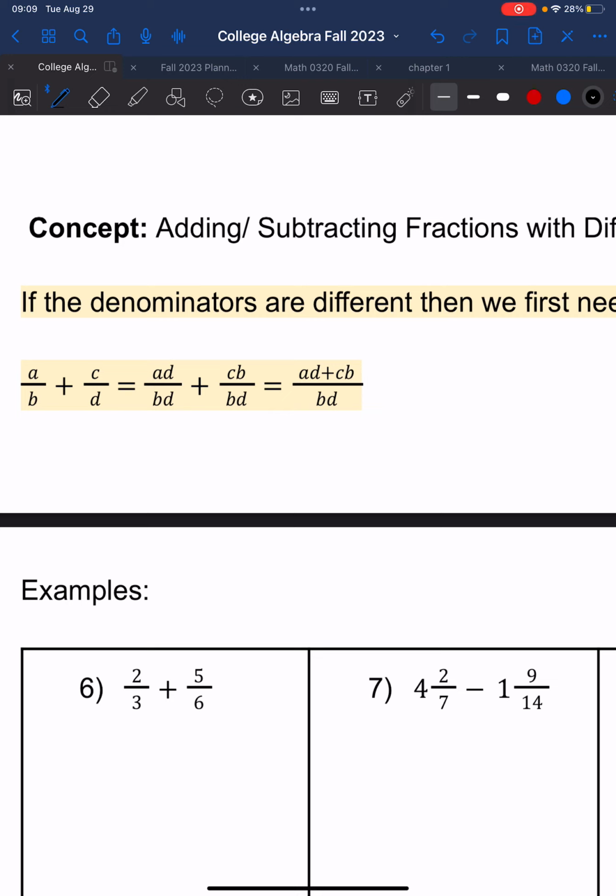In order to find a common denominator, the easiest way is just to multiply the denominators together. So that's what they did here. They had b times d, and then they used the corresponding denominator to multiply it by the opposite fraction. When they do that, they're going to get a common denominator, and then we just do the same as before and add the numerators together.